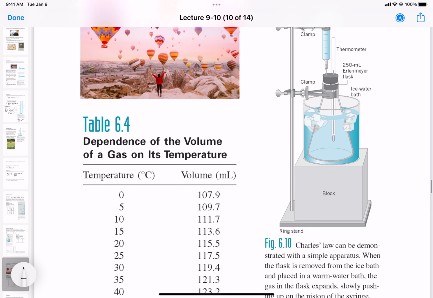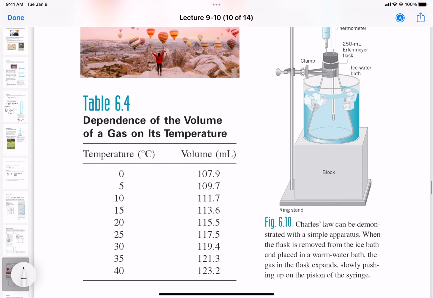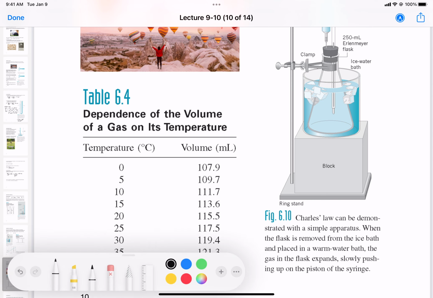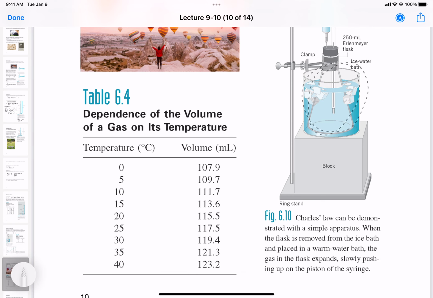What you do is submerge a flask in an ice bath. The gas sample in the flask will be cooled.